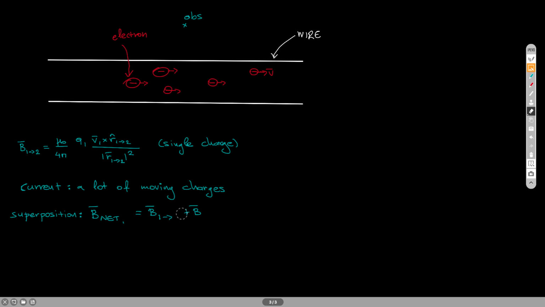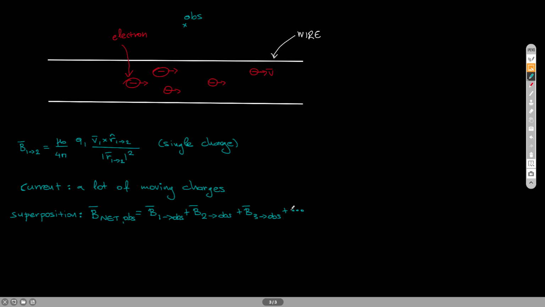The net magnetic field at the observation location will be the magnetic field that charge 1 creates at the observation plus the magnetic field that charge 2 creates at the observation location plus the rest of them. And we can do that if we want.